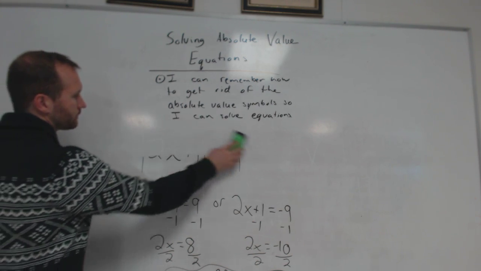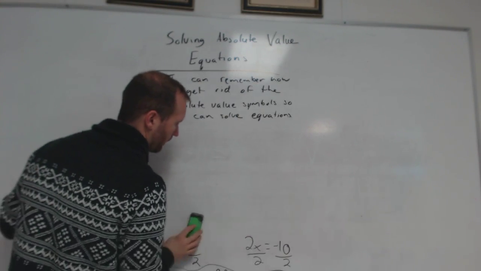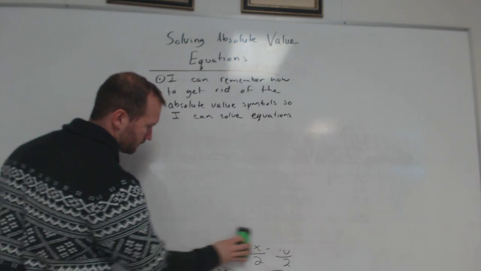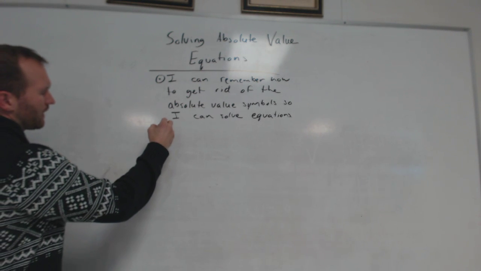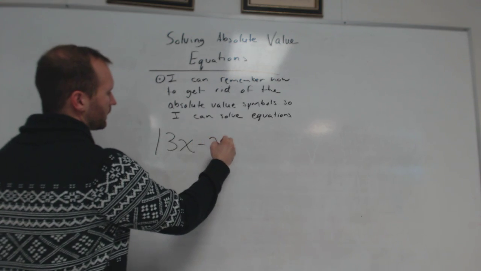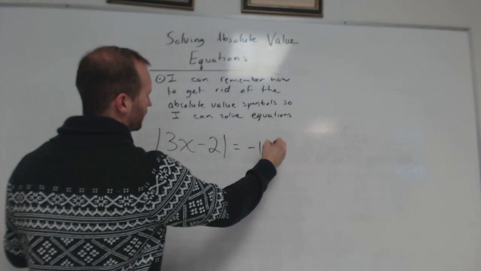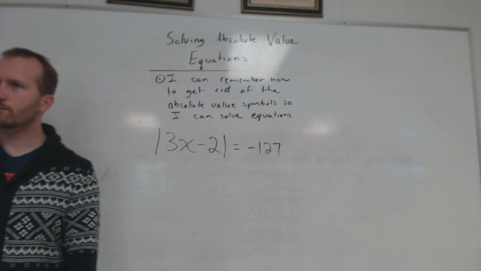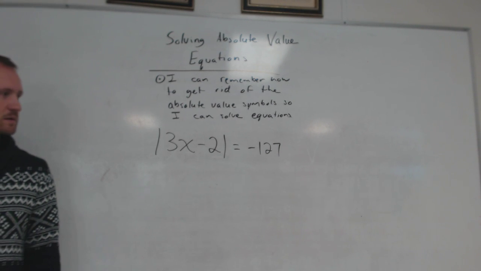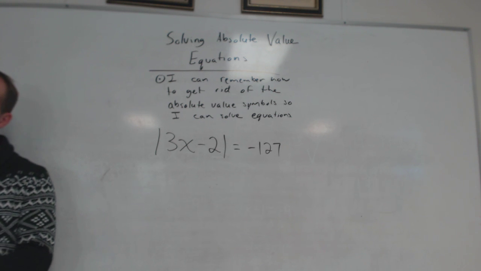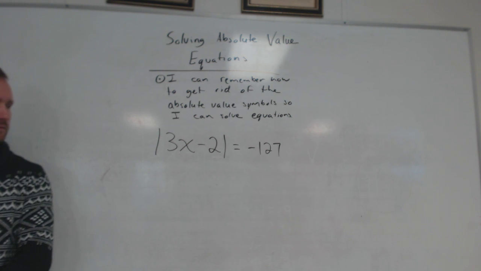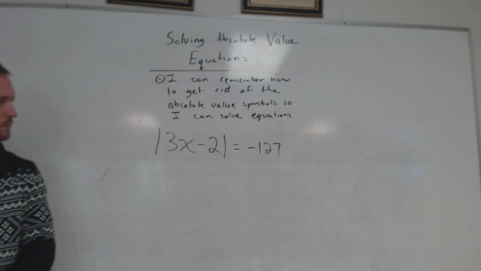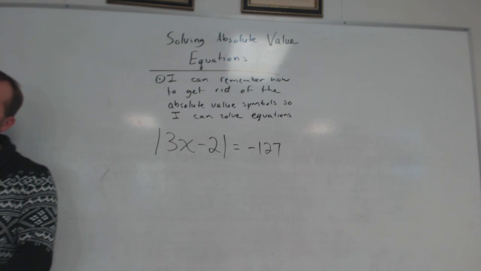All right. How about this one? The absolute value of 3x minus 2 equals negative 127. What's my first step here? Is there something weird about this problem?